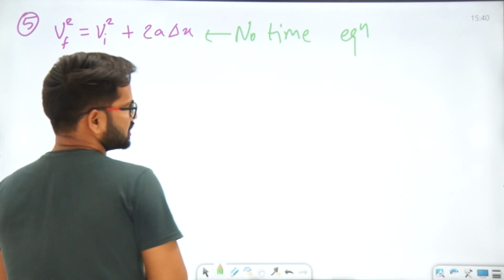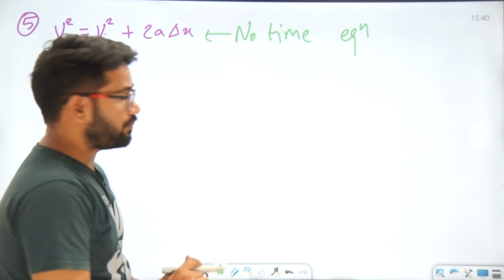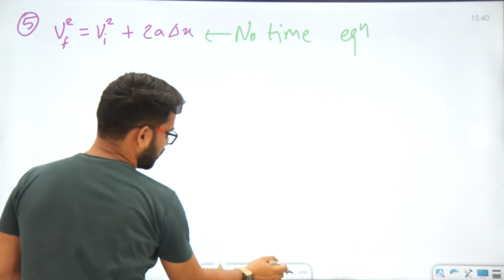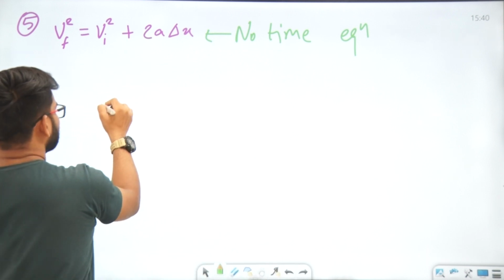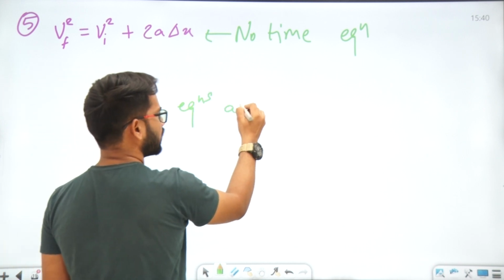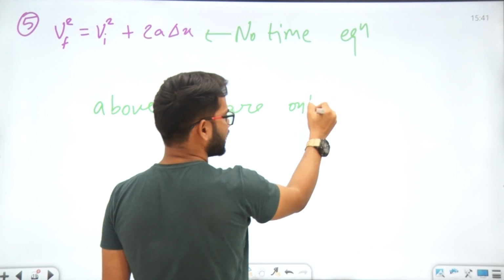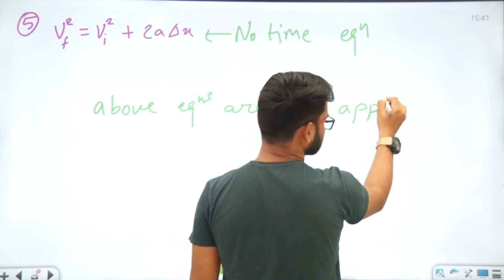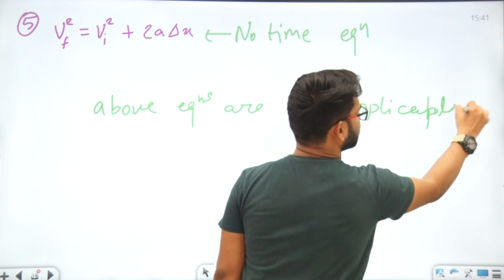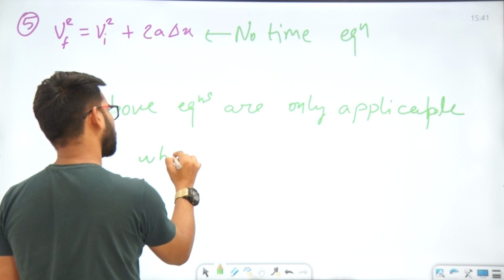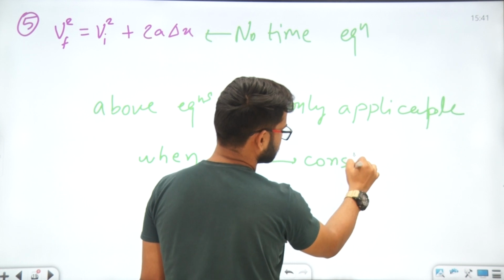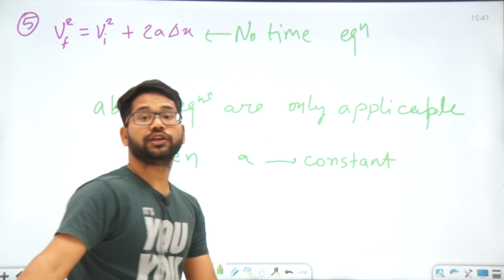All five equations are only applicable when acceleration is constant, or we can say uniform.